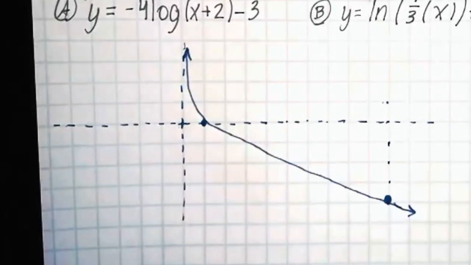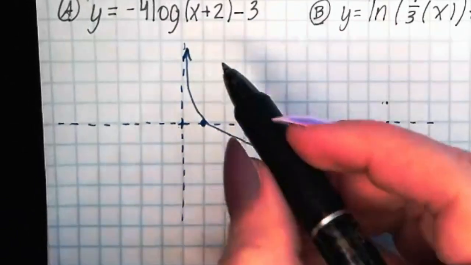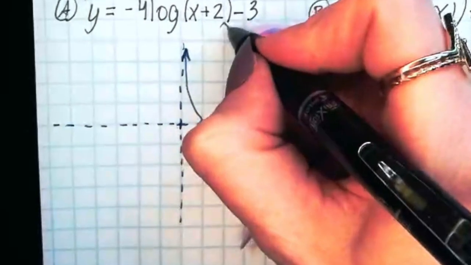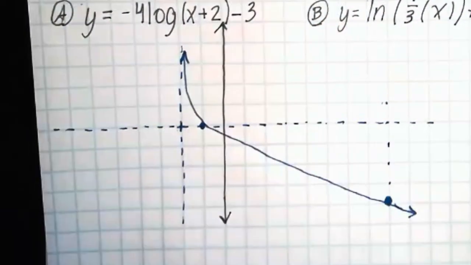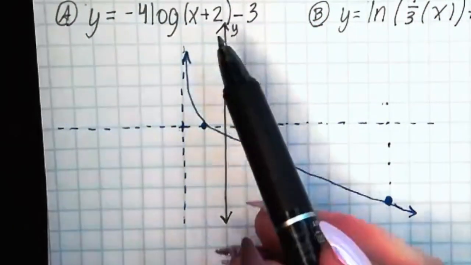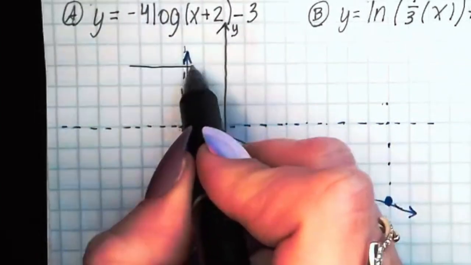From here, I'm going to draw in my x and y axes working backwards. Since this was left 2 units, my y-axis will be 2 units to the right of the vertical asymptote. Since this here moves my graph 3 units down, that means the x-axis has to be 3 units above.